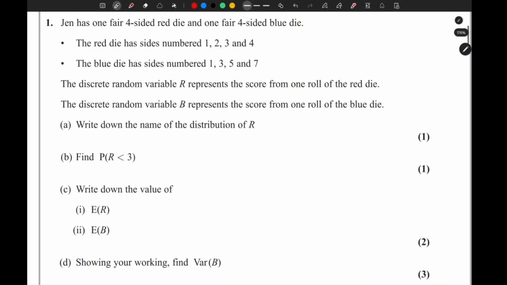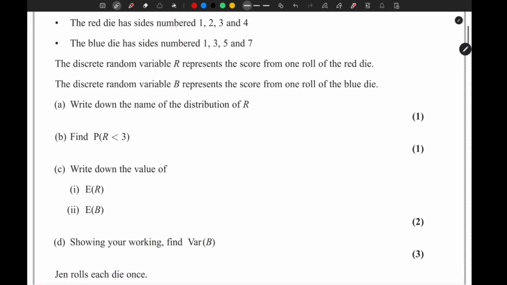Now we just need to write down the name of the distribution of R. So it's basically a probability distribution, and the distribution is discrete and uniform. So it's a discrete uniform distribution.